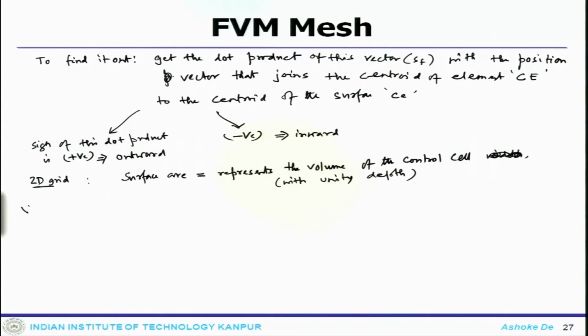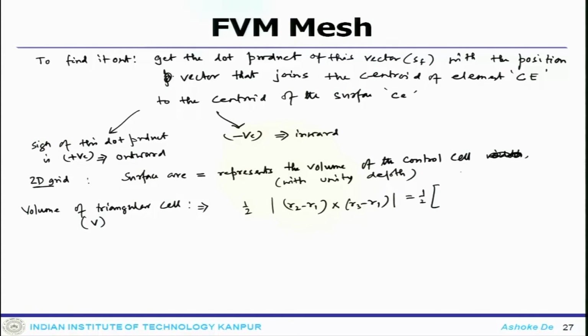So, you can find out the volume of a triangular cell, that you can calculate as V. V is half of the magnitude of (R2 minus R1) cross (R3 minus R1), which is essentially (x2 minus x1) into (y3 minus y1) minus (x3 minus x1) into (y2 minus y1).